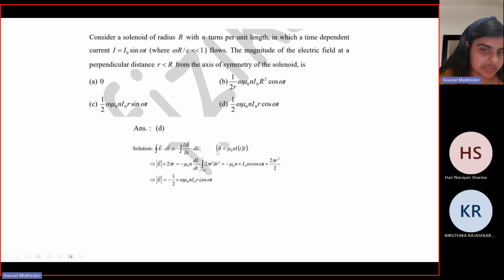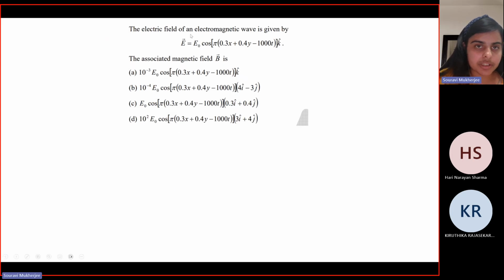We know the magnetic field is changing because the current is changing, so you can write it as mu naught n di/dt. Then you can do this integral, which is just calculation, and this gives you the value of your electric field. This is how a changing current in a solenoid can result in a net electric field inside.